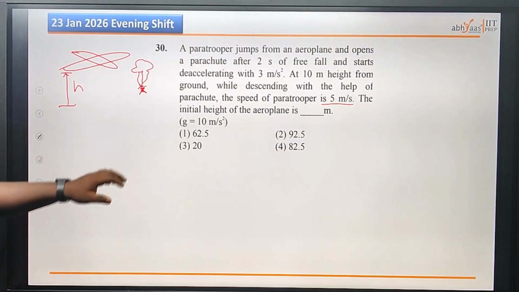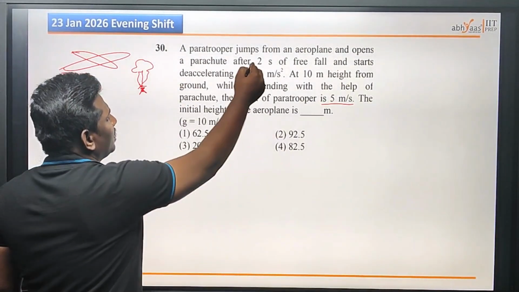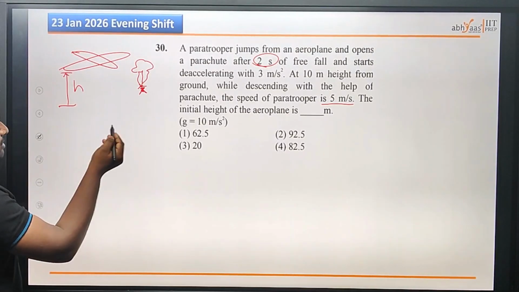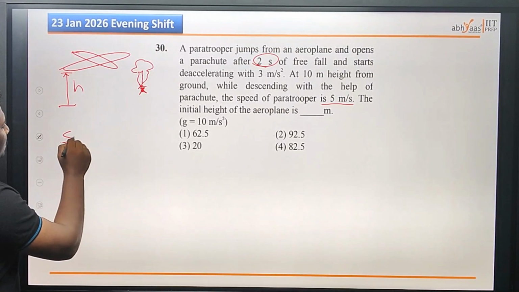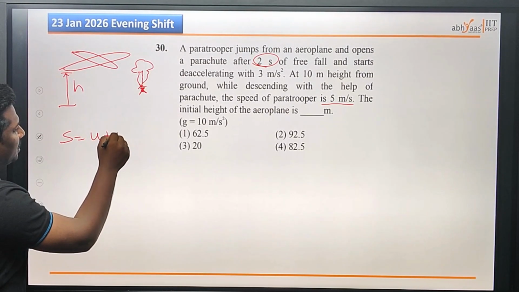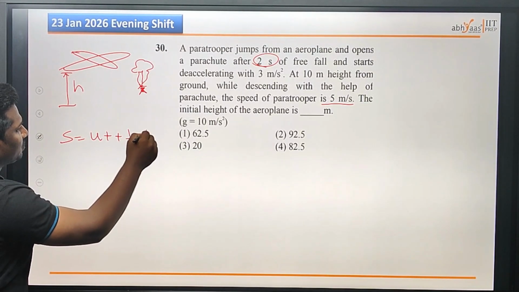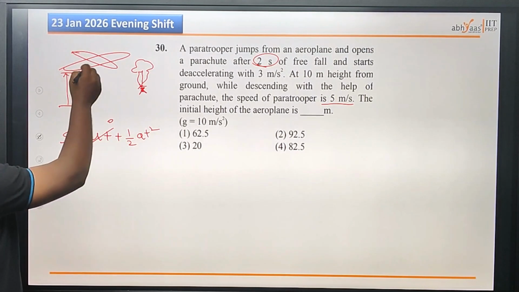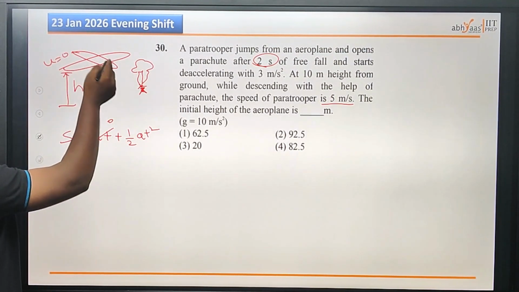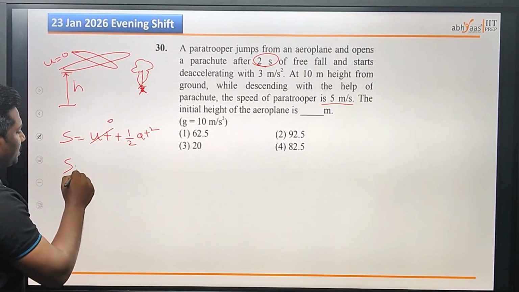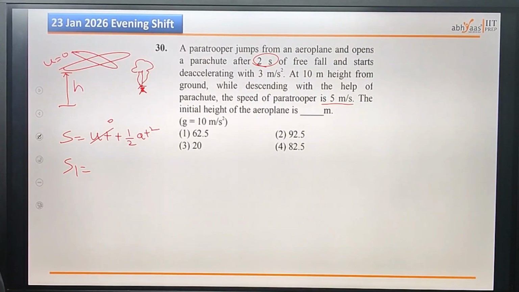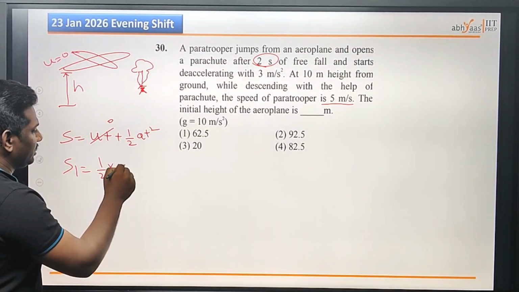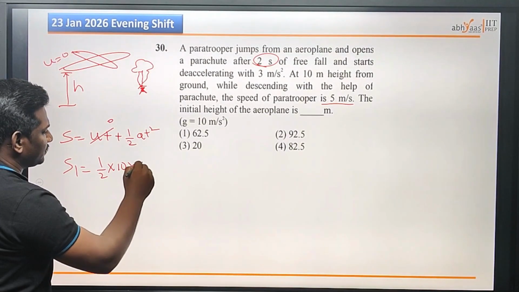What they have given? So 2 seconds. S equal to ut plus half at square. In this first case, u is 0 because he is at rest at the starting point. So S1 equal to half into acceleration due to gravity, that is g, 10, into 2 square, that is 4.